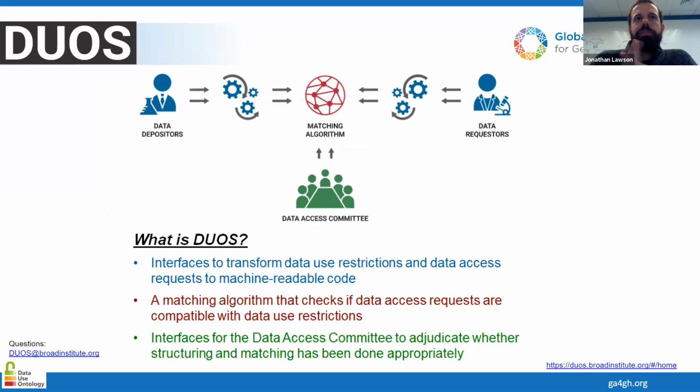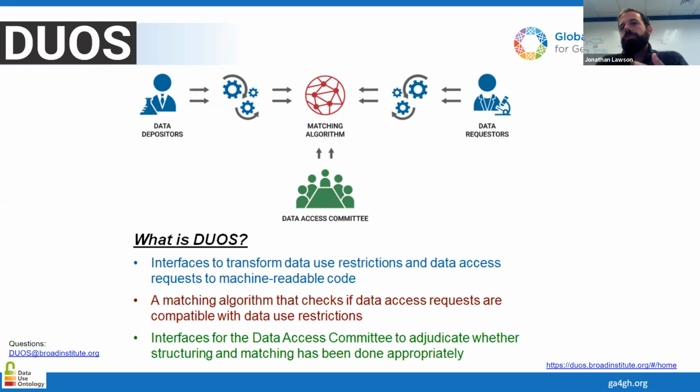So the way that we do this in Duos is we take those data use limitations, which come in from groups who are depositing data into a repository, and we structure those data use limitations according to the GA4GH DUO. And we do that in a way that is then computer readable. And then when we have a researcher who comes into Duos, we allow them to create a data access request, very similar to what you may see in dbGaP or in other systems, to formally prepare that.